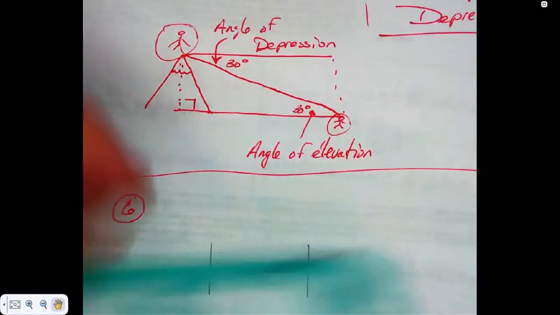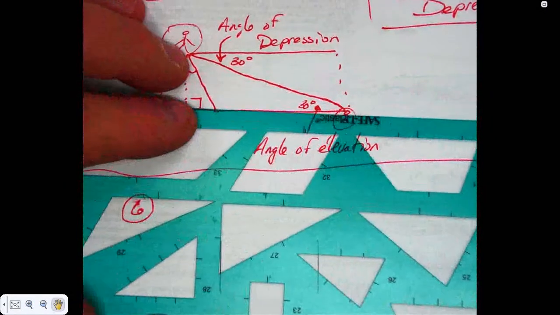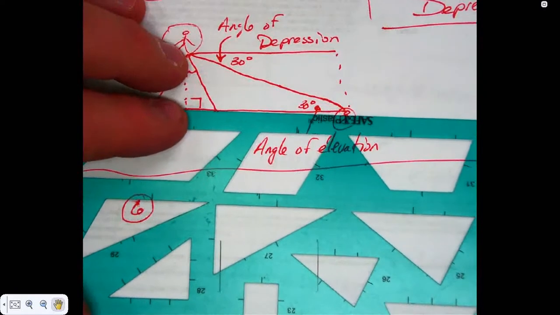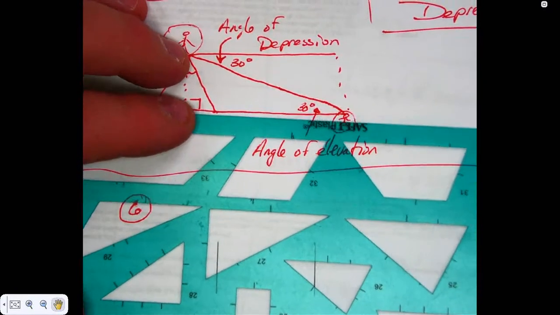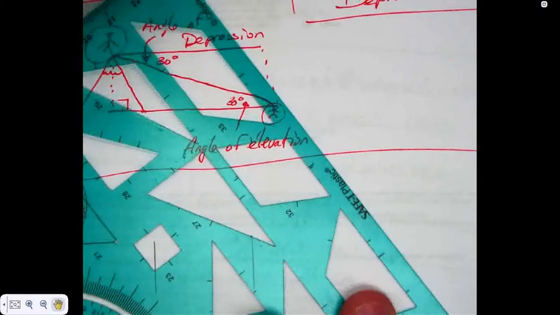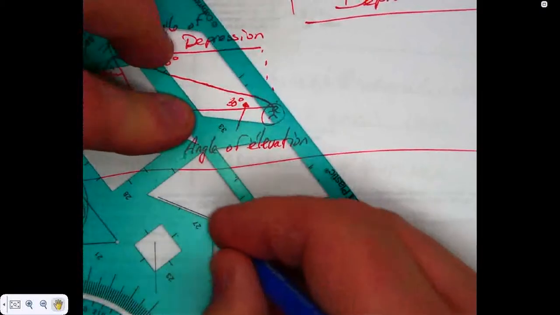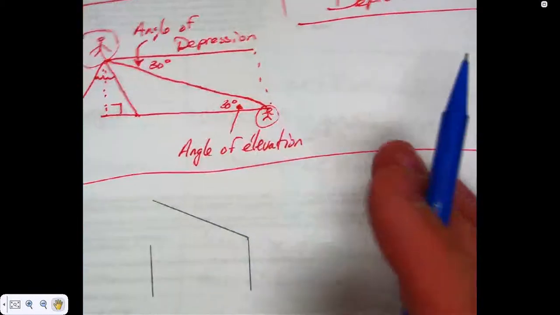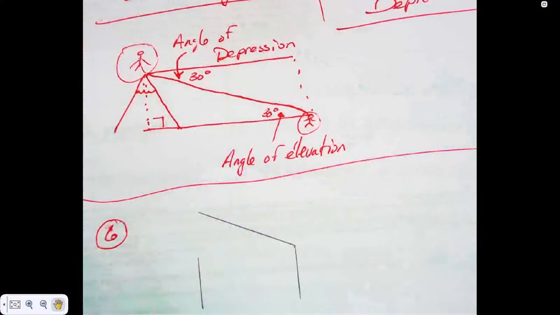I'm cheating, I know. Where's my rectangle?